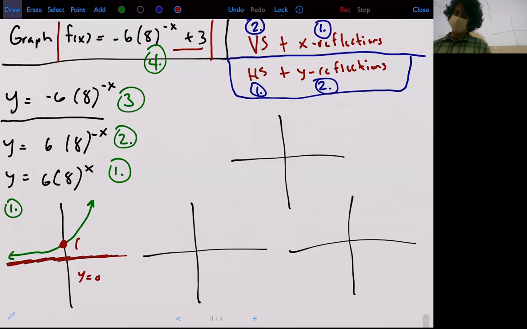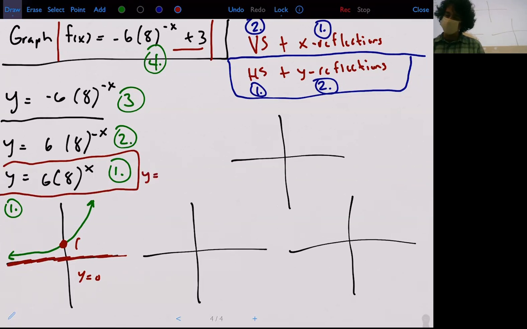Yeah, so you plug in, that's exactly right. We're going to plug in 0 into this equation at the x value. So evaluating number 1 at 0, we'll get y is equal to 6 times 8 raised to the 0, which is just 6. So our y-intercept is 0, positive 6.